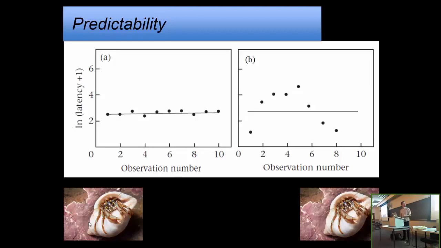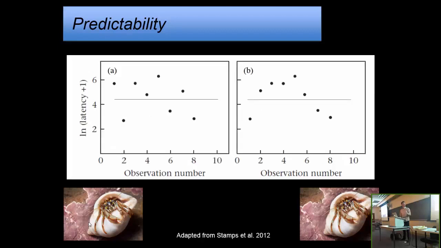However, we could have two individuals, these are just hypothetical data here, that have an identical behavioral mean as well as identical intra-individual variability, yet differ in the pattern of their behavior, such that an individual's behavior in one moment is predictive of its behavior in the next, that there's temporal predictability.